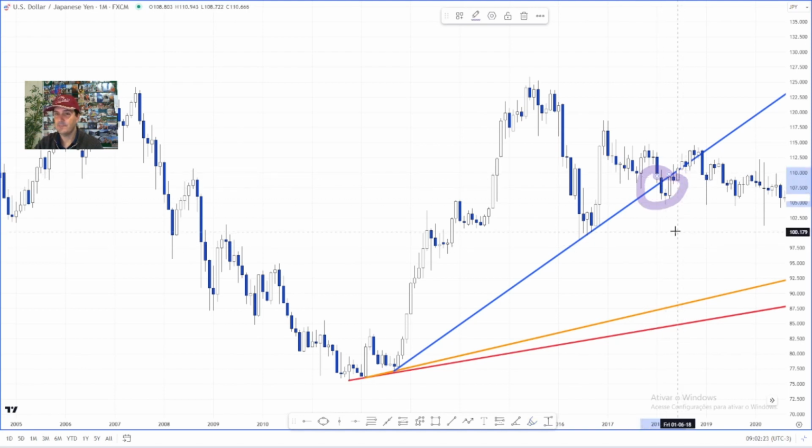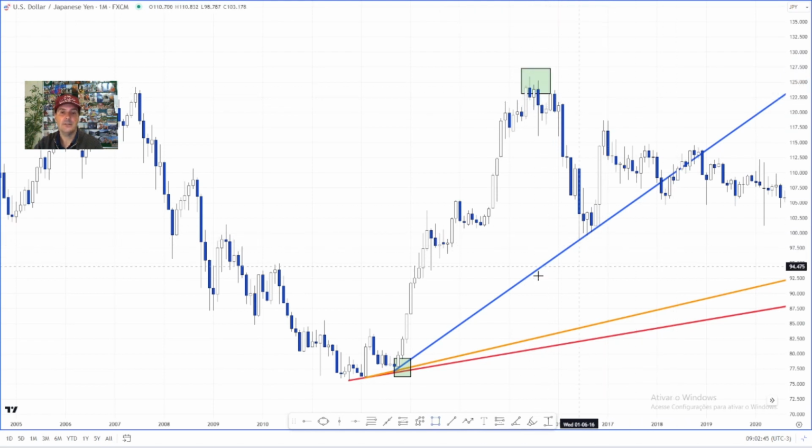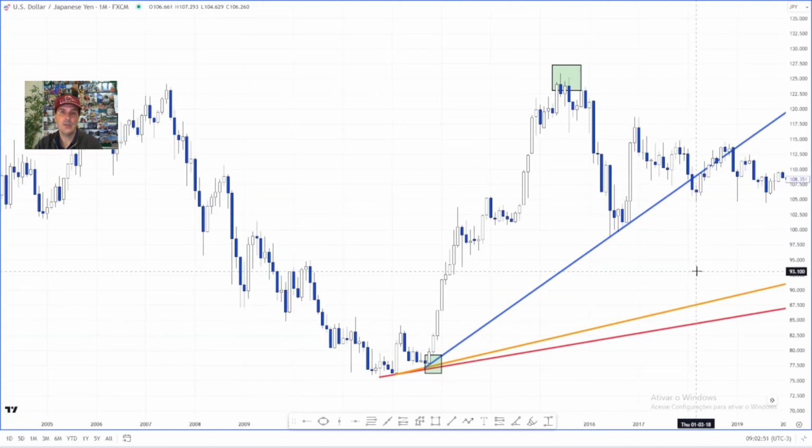Agreed? And the question is, does the blue trend line confirm the uptrend? Meaning, if the uptrend of the blue trend line started here and finished up in here, then does the blue uptrend line confirm this? And the logical answer is yes, it confirms.